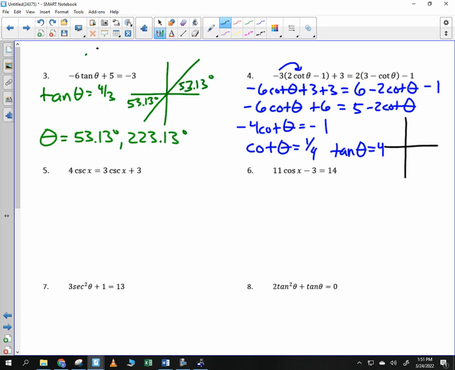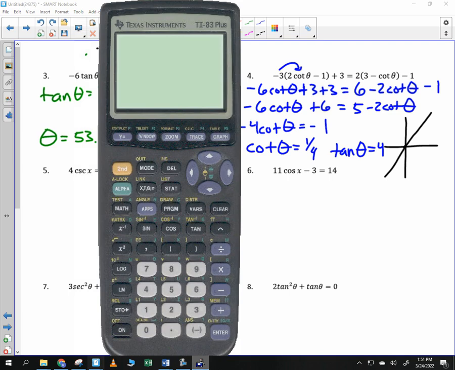So let's set up our quadrants. Where's tangent positive? 1 and 3. Tangent inverse of 4, and as Marissa said, we got 75.96.